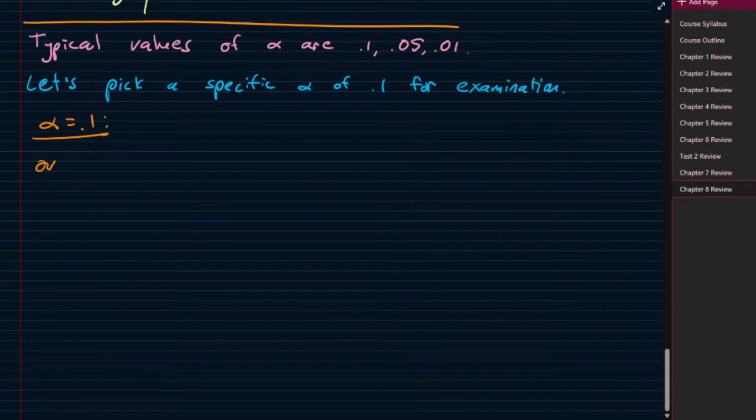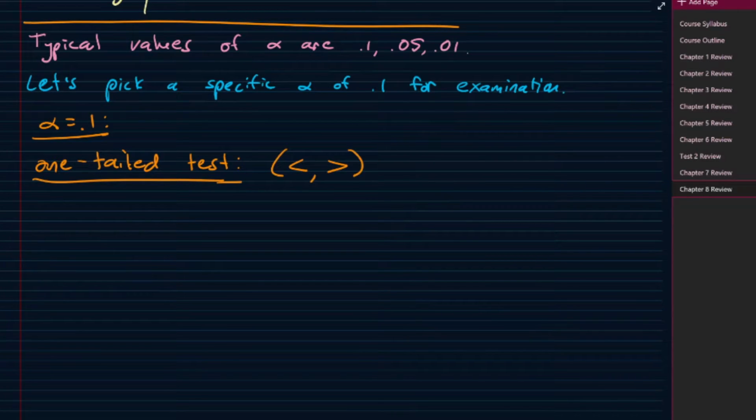So this is what a one-tailed test would look like. We use a one-tailed test whenever it's a less than or greater than symbol in our alternative hypothesis. A less than, it's going to be a left-tailed test. A greater than, it's going to be a right-tailed test.